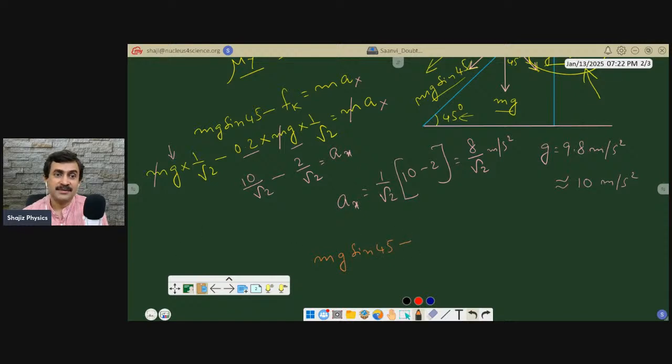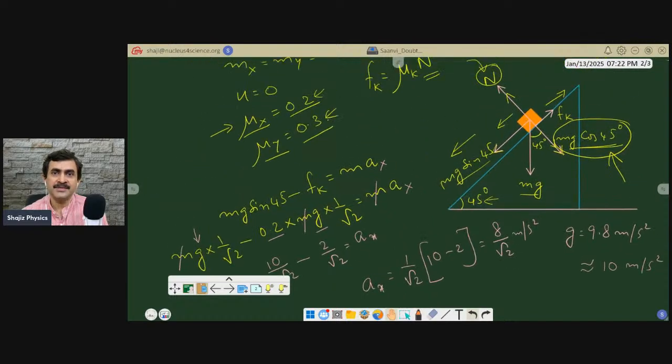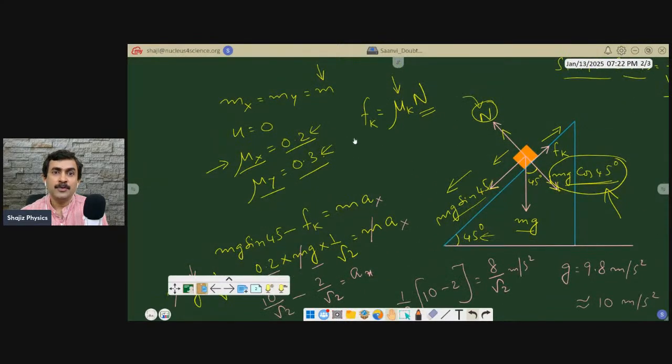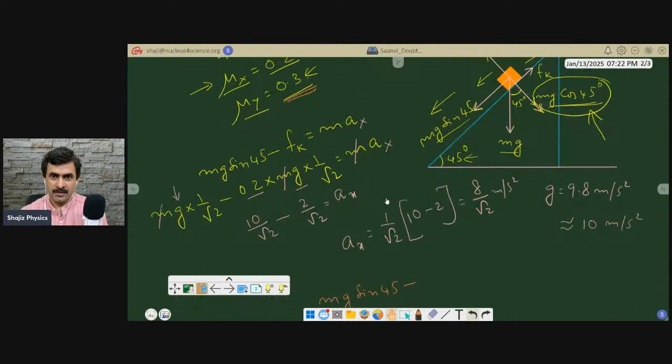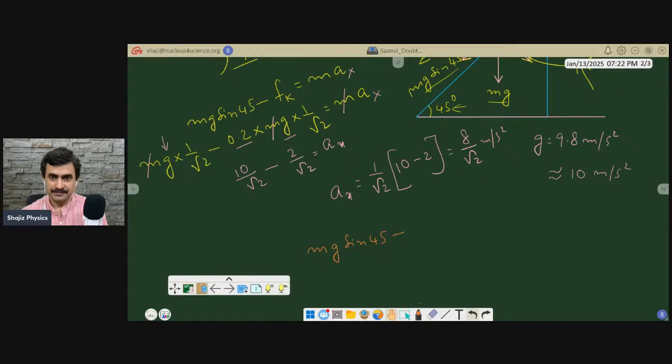Fk is mu k into N. Mu k here is 0.3, so 0.3 into mg cos theta. That is what I am writing in the equation: 0.3 into mg into cos 45 is equal to m into ay.